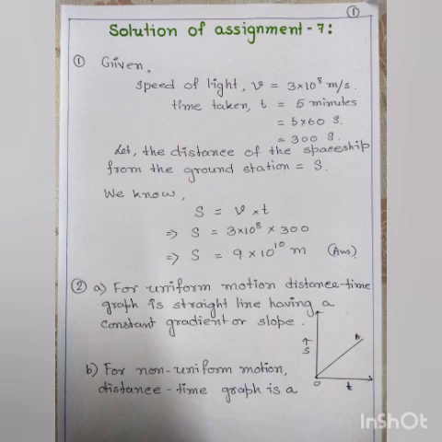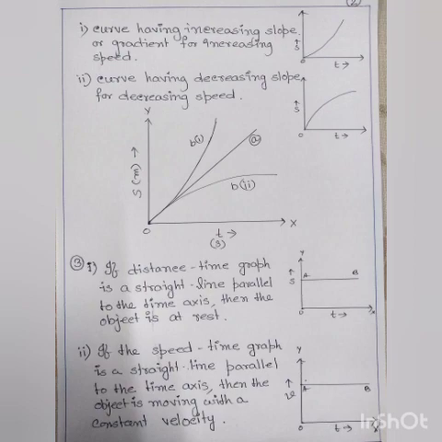Okay. Next, for non-uniform motion. For non-uniform motion, the distance time graph is a curve having an increasing slope or gradient for increasing speed, and option 2, a curve having a decreasing slope for decreasing speed. See the figure I have given here.